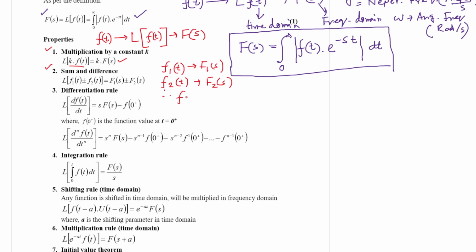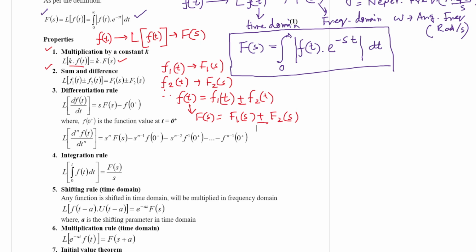Then if a function is defined by f(t) equal to f1(t) plus f2(t), its equivalent Laplace transform will be F1(s) plus F2(s). And it will be true even for subtraction. So if f(t) is f1(t) minus f2(t), then its F(s) will be F1(s) minus F2(s). So this is the property of summation or difference.